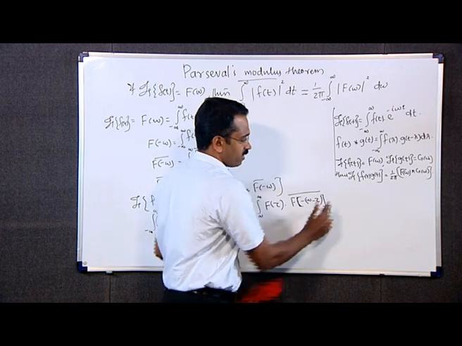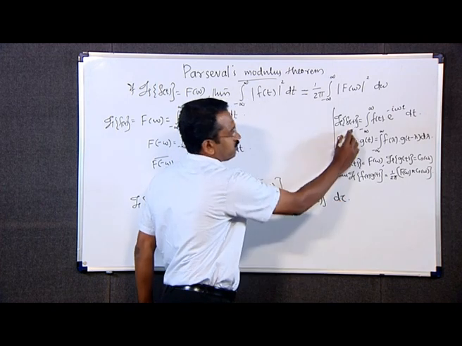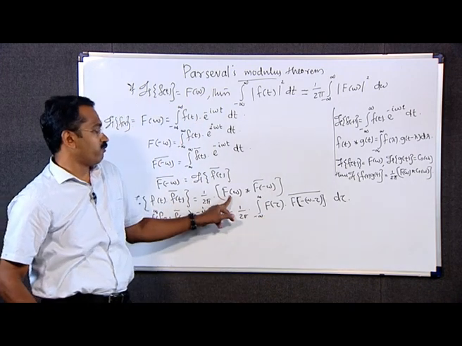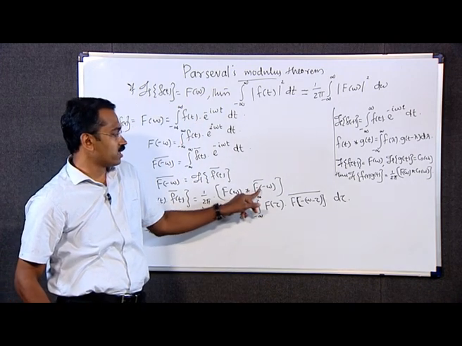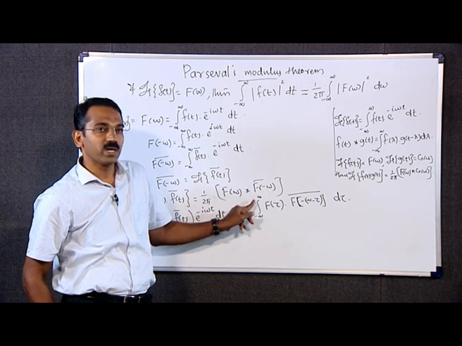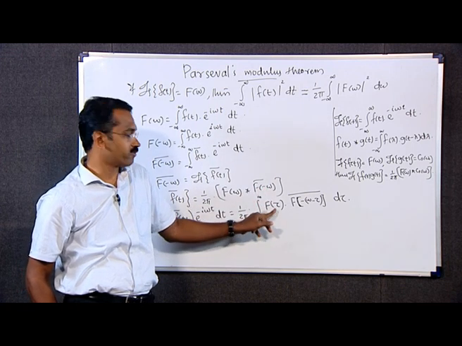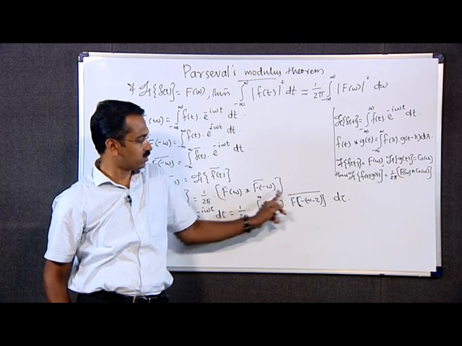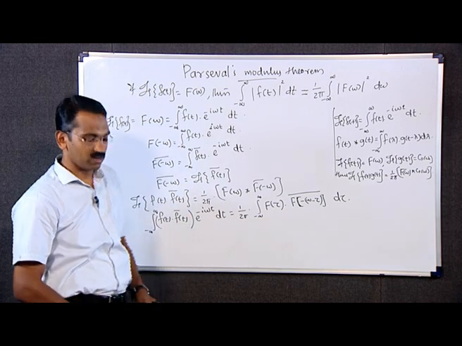That is, F(omega) convolution conjugate of F(minus omega) is the integral from minus infinity to infinity of F(tau) into the conjugate of F(negative of omega minus tau) d tau.